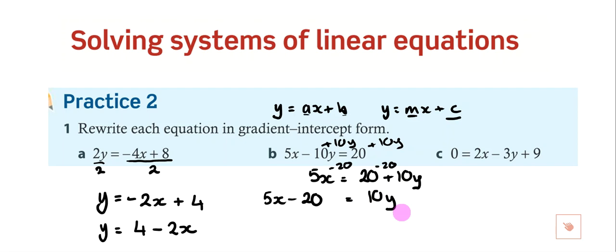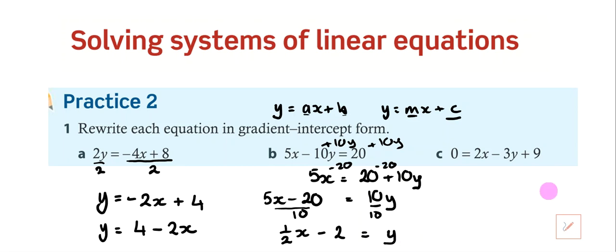And then you just divide everything by 10. And now we divide. So half x minus 2 equals y. And you can just swap this side. Doesn't have to be y equals, it can be equals y. But yeah, you'll see what happened there.